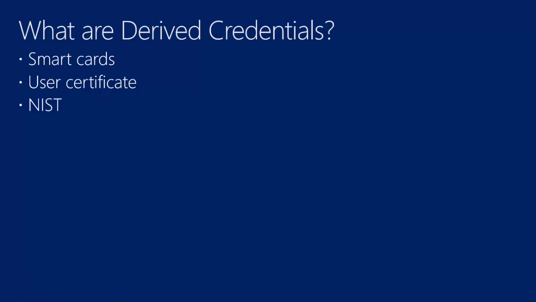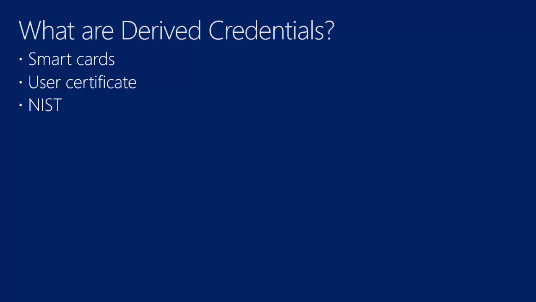All right, so jumping right into the meat of the session. What exactly are derived credentials? Derived credentials, very simply, are the process of taking credentials like you might have on a smart card or a user cert, often known as a PIV type authentication, and going through a process that enables you to use that on an iOS device, an Android device, or some other kind of device.